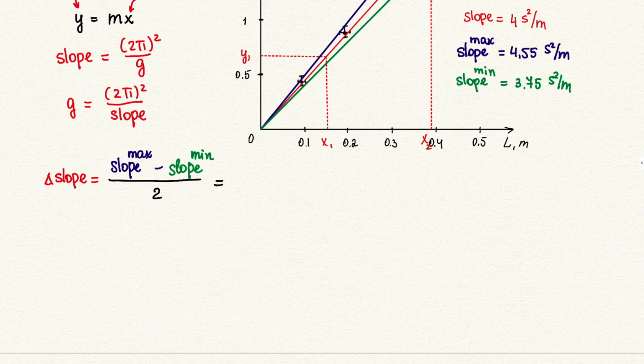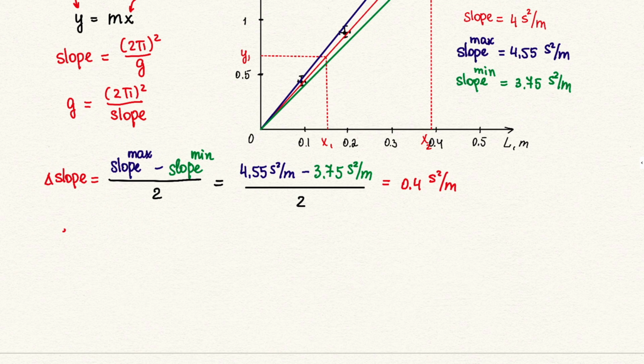So then we have 4.55 seconds squared per meter minus slope minimum 3.75 seconds squared per meter, divided by 2. And uncertainty in the slope equals 0.4 seconds squared per meter.